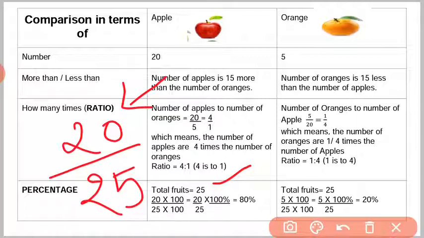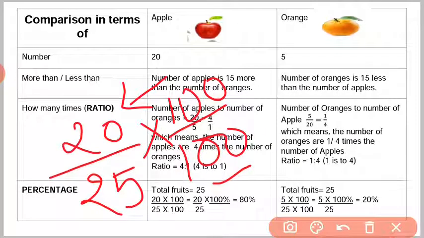Then this will be the fraction. So what is the fraction of apples out of all these fruits? It is 20 by 25 or 4 by 5.